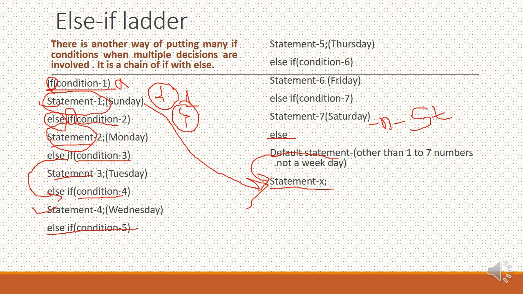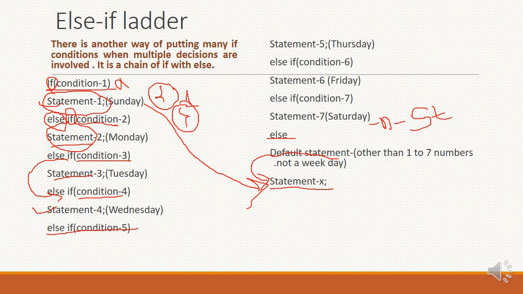So you think that the test condition 2 is true. Then what happens? It is going to execute the statement 2. After executing the statement 2, the control goes to the next statement available, that is, after the default statement, whatever statement is there is executed.